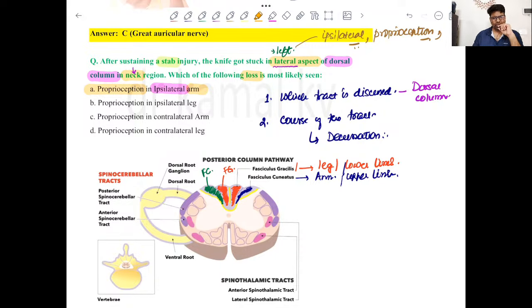Now, there are three areas which you should remember at least, right? One is the lower end of esophagus. Clear? The second is the lower end of anal canal, and the third is the umbilicus. Clear?